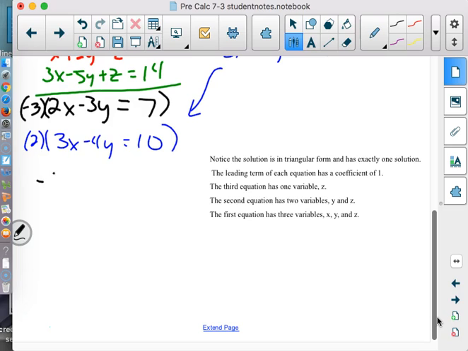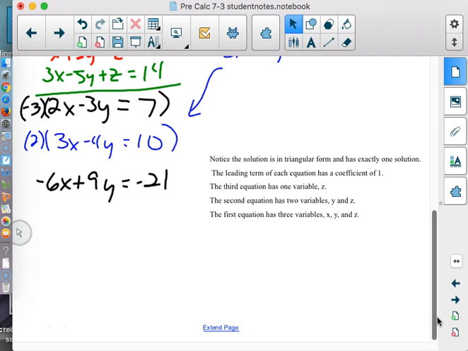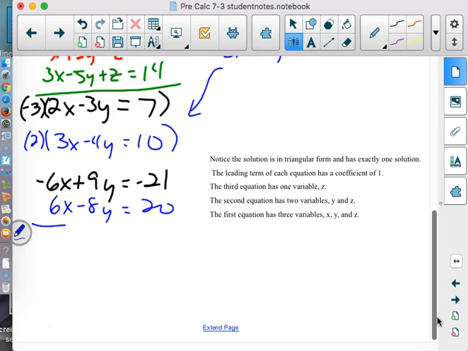And that would give me negative 6x plus 9y equals negative 21, and 6x minus 8y equals 20. Which does exactly what we wanted to do. The x's are now going to drop out. And even better news, 1y equals what? Negative 1.